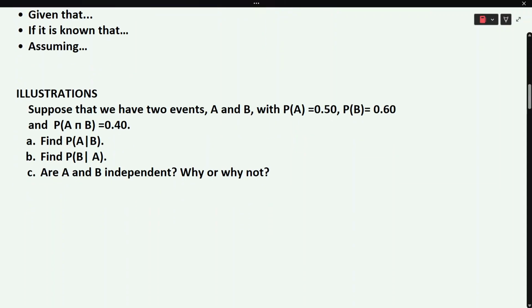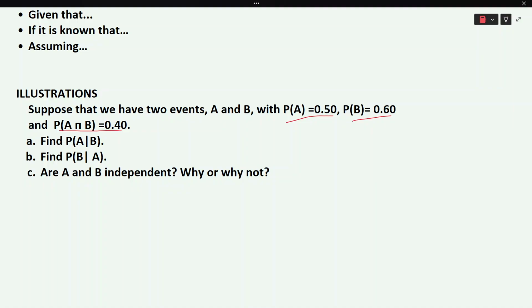Illustration 1. Suppose that we have two events, A and B. The probability of A is given as 0.5, the probability of B is 0.6, and the probability of A intersection B is 0.4.